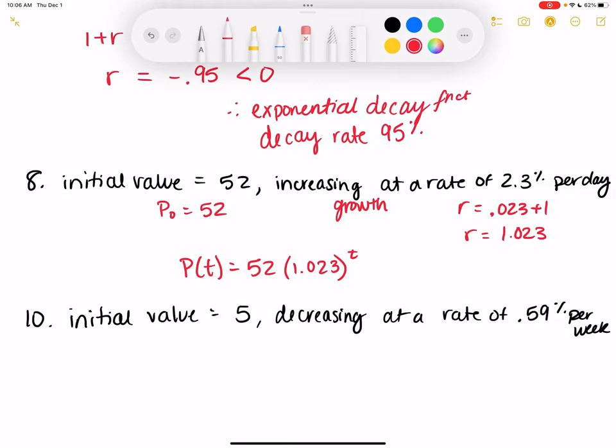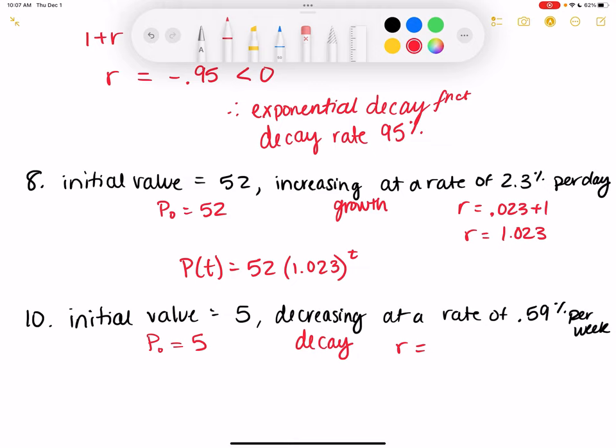So growth or decay problem? It's decay. P0 is 5. And my R value is 0.0059.